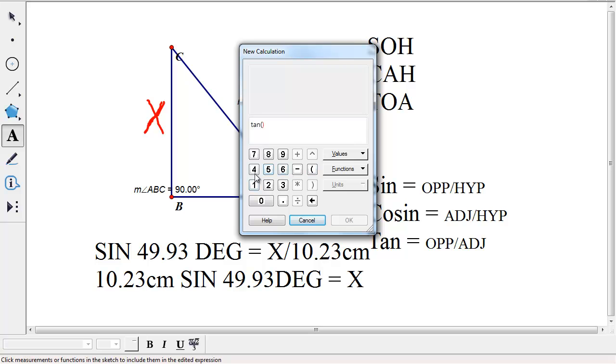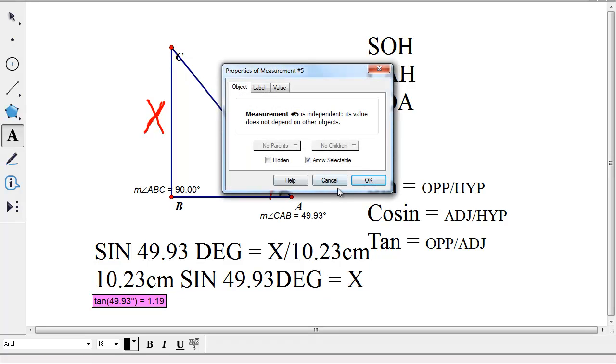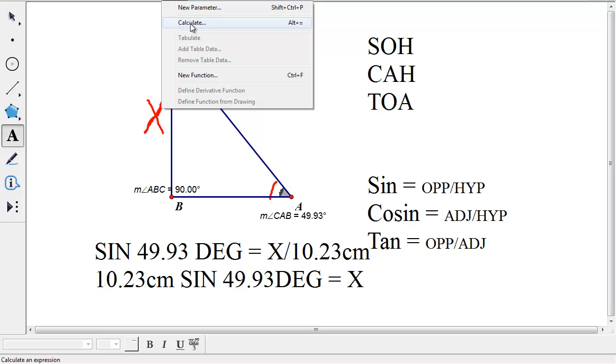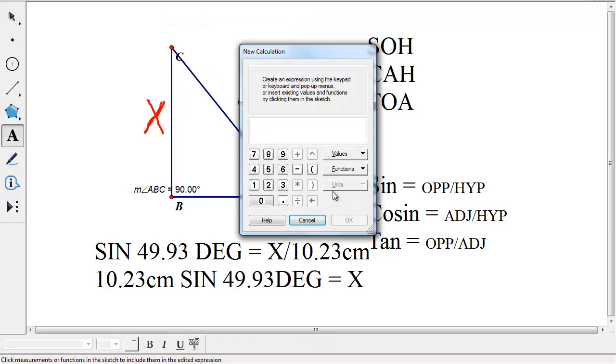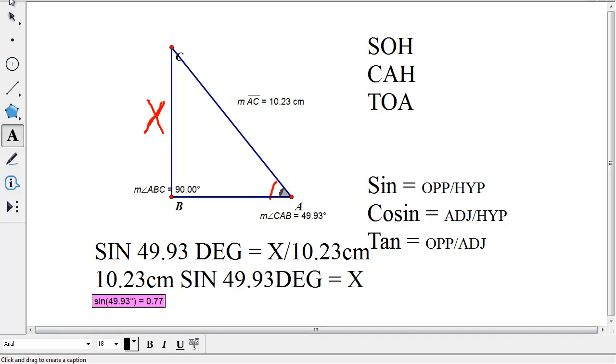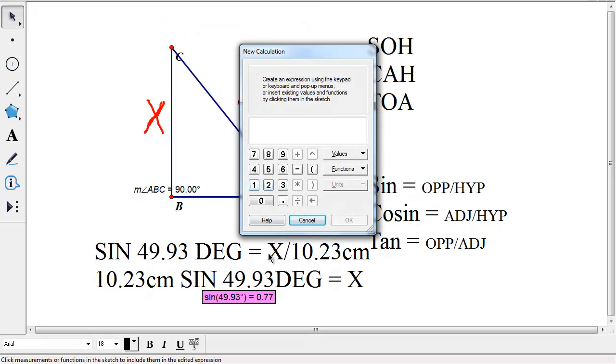So we punch into our calculator sine of 49.93 degrees, hit enter, and then multiply it by 10.23 centimeters.